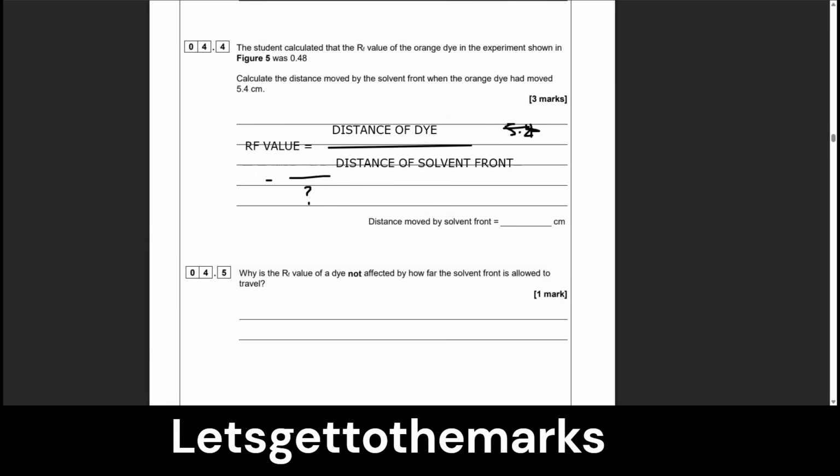Right, 5.4, and we want to divide by 0.48. 5.4 divided by 0.48 equals 11.25. So we're looking at 11.25. There we go, folks. 3 marks, so I guess one for substituting everything in, one for coming up with that, and one for the answer.